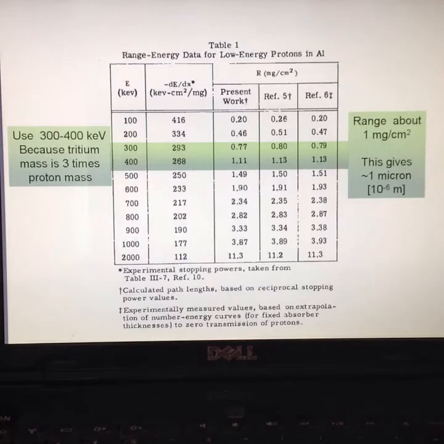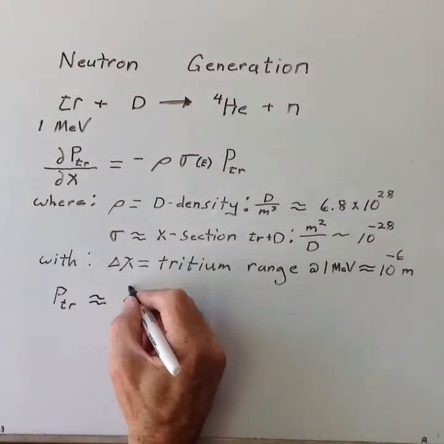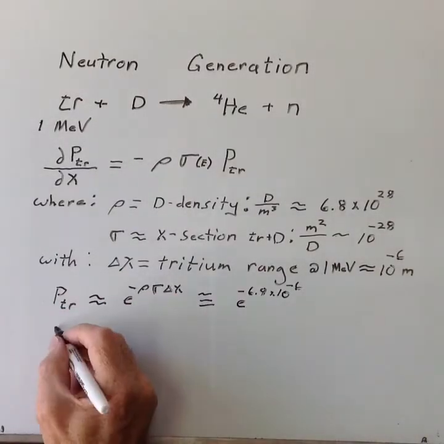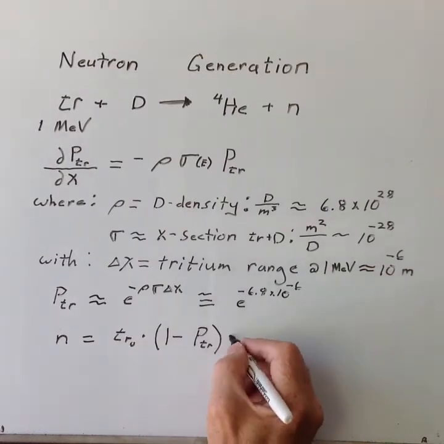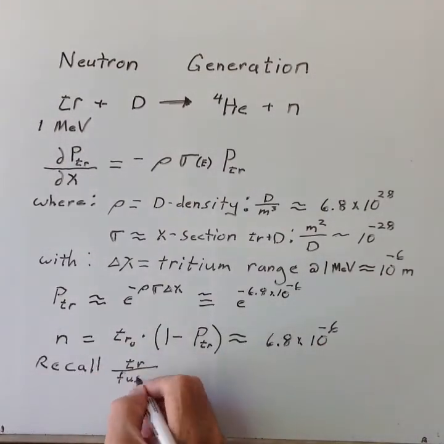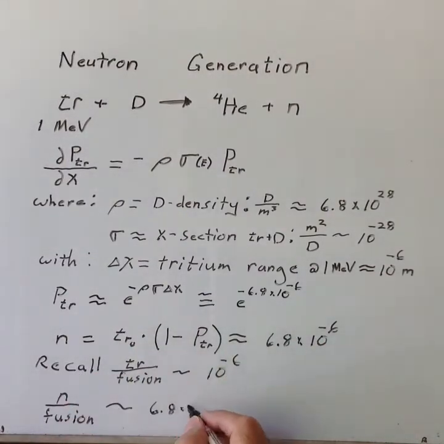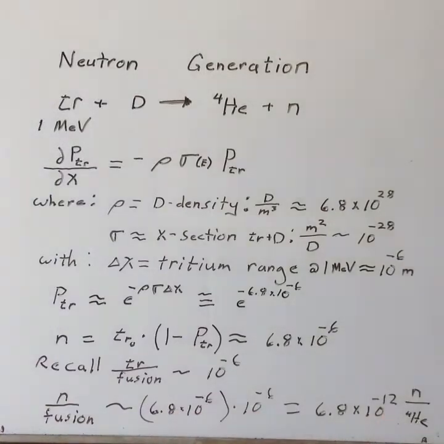And this gives the probability as shown here, from which we can calculate the neutron probability per tritium as shown. Then, by multiplying the tritium and neutron probabilities, we get the overall neutrons per cold fusion reaction. This is about 10 to the minus 12, consistent with experiments.